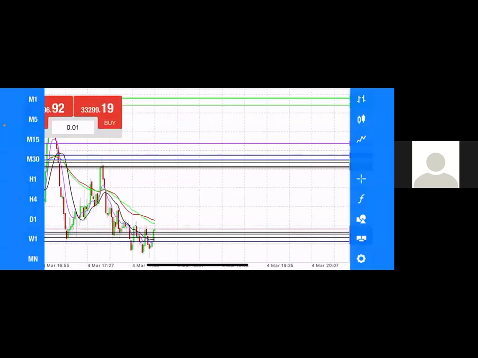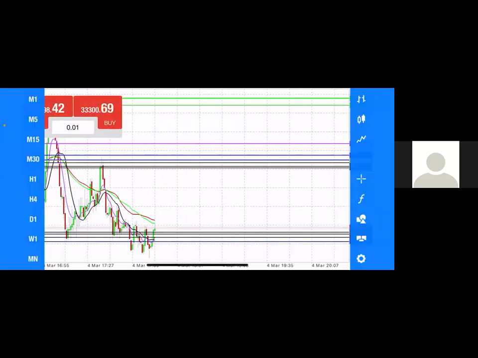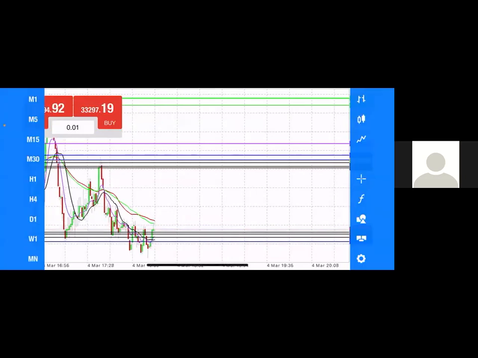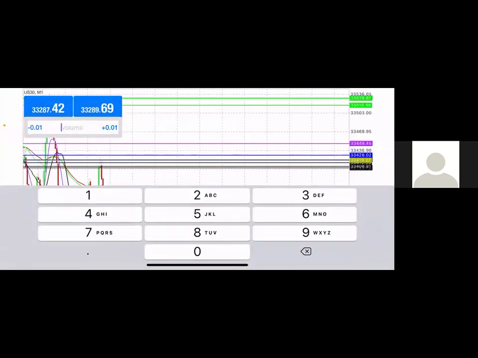You see the little wheel icon on the bottom right-hand side? You press the 3 boxes above that. That turns your one-click trading on and off. See that? And you can adjust your lot size. You can do all of that in real time.